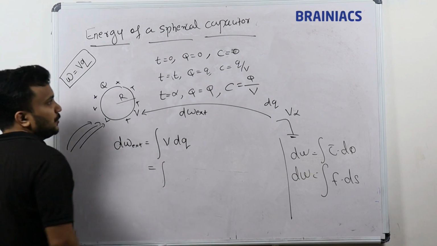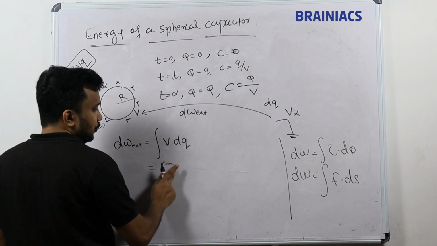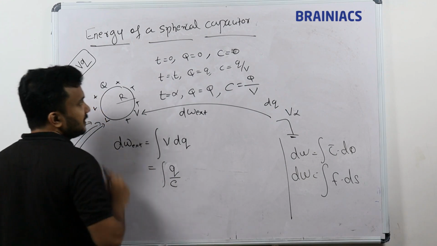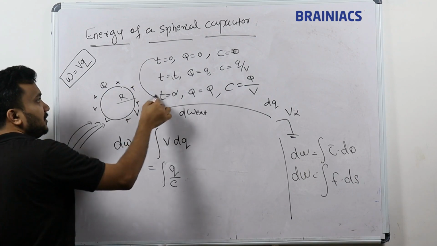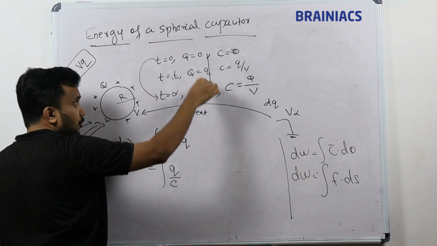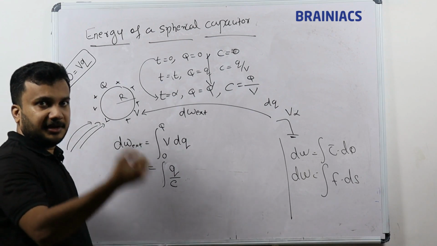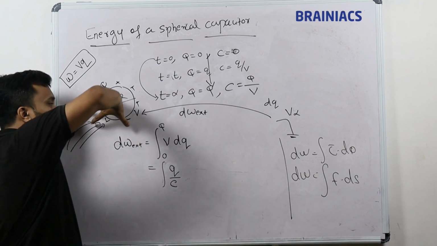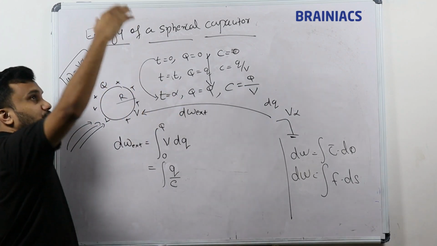Okay, so we'll substitute. What is V? V is equal to Q by C. Here I am writing Q by C because I am doing this job for a period from t is equal to 0 to infinity. During this time, the value of Q changes from 0 to Q. I am starting my work at t is equal to 0, and this spherical conductor is getting fully charged at a time t is equal to infinity.